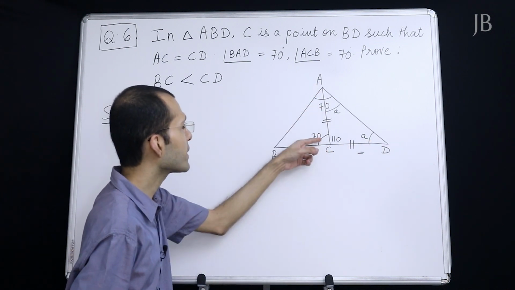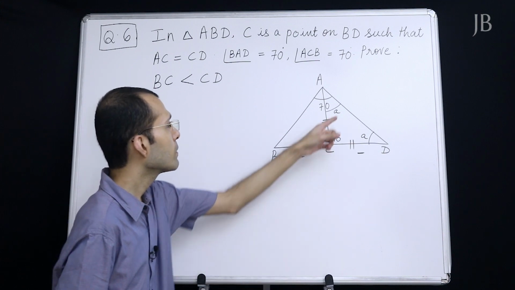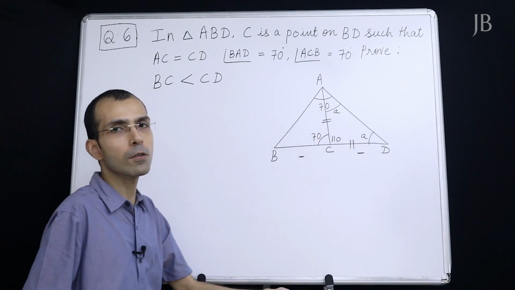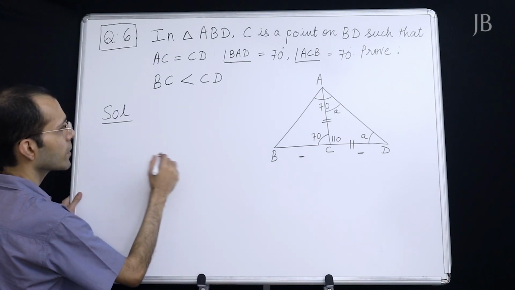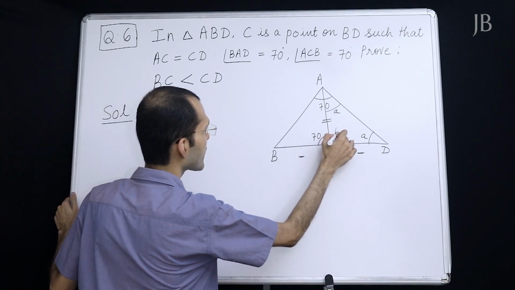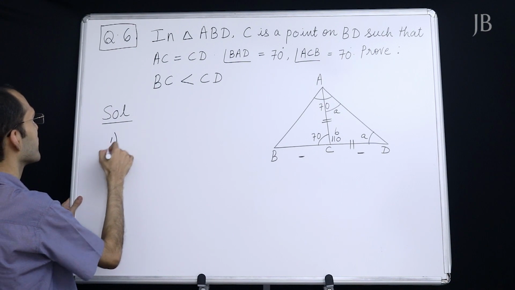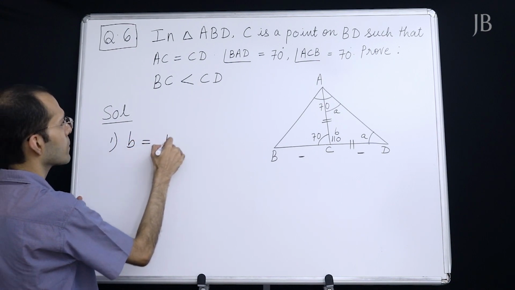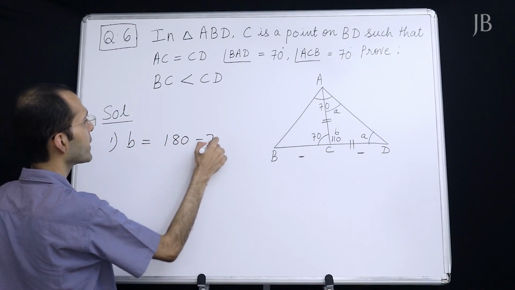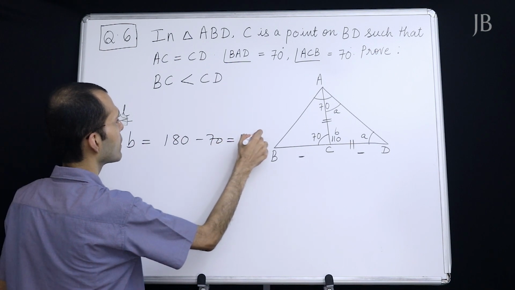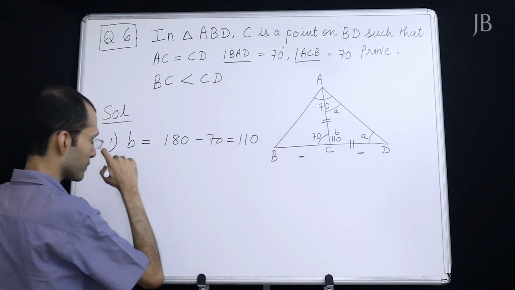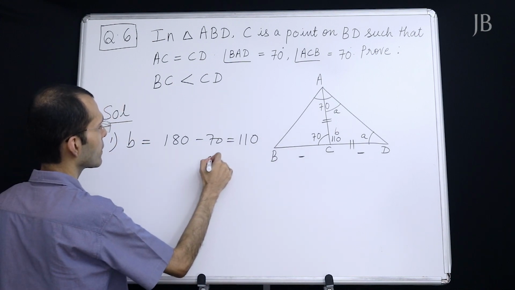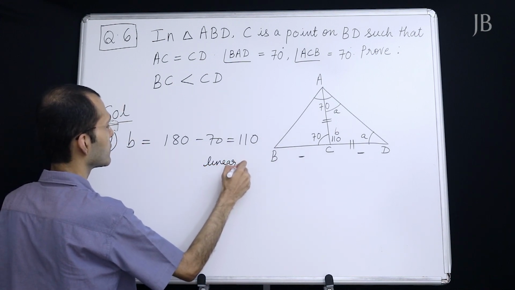If CA and CD are equal, the angles opposite to them also will be equal. Isosceles triangle concept. Fine. Now this we will mark as B. So B will be 180 minus 70, that is 110. What is the reason here? Linear pair.